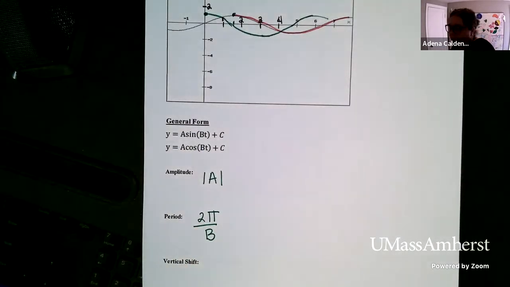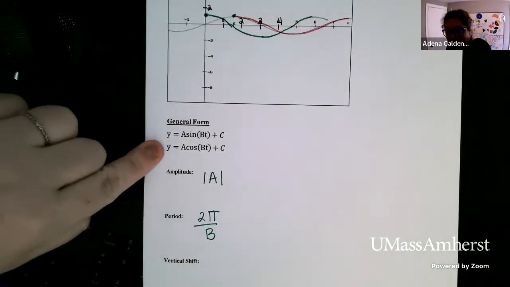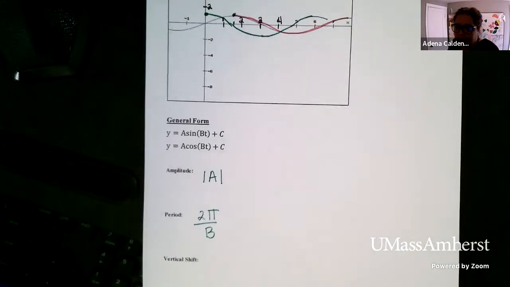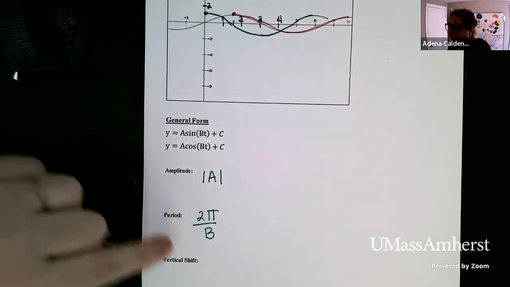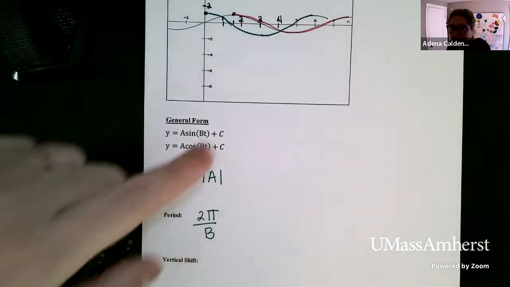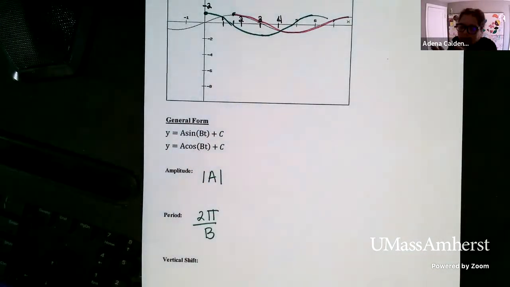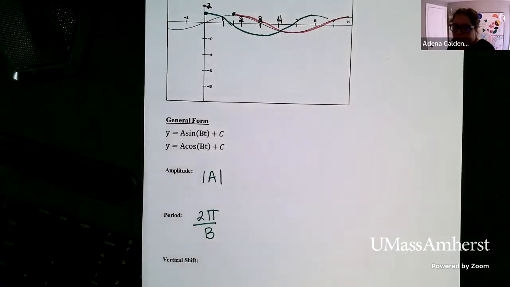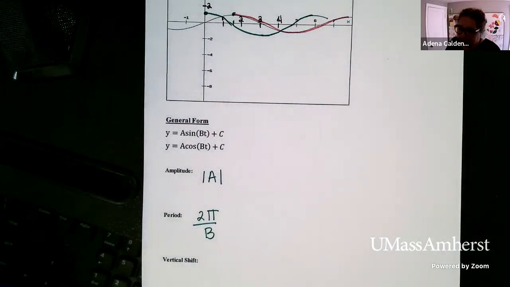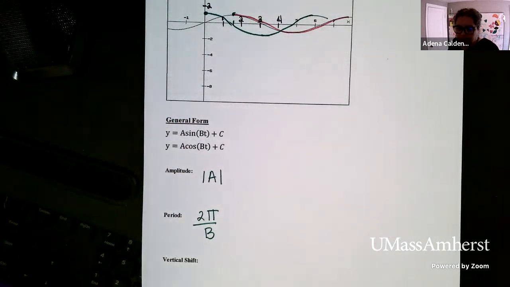If we are trying to find the general form from a picture or something like that, then we would need to set the period equal. So we would look at the picture and say, oh, it repeats every 10 units. We'd set 10 equal to 2 pi over b and solve for b, and then we could plug b in. Okay, so it depends on which direction you're going.